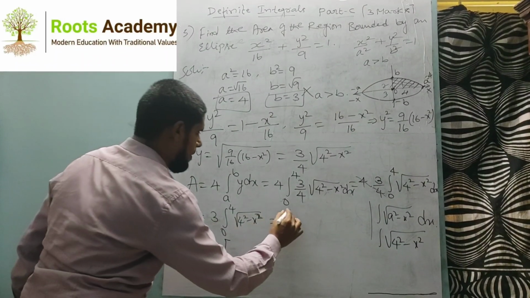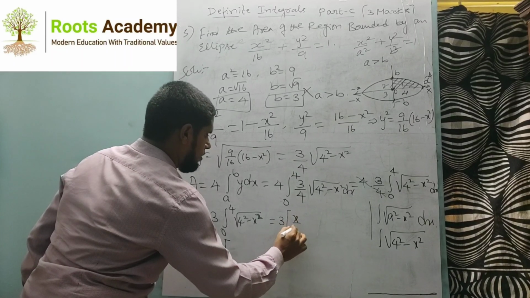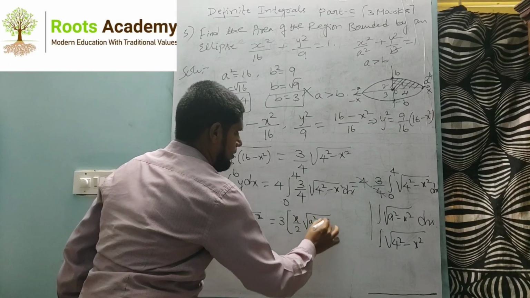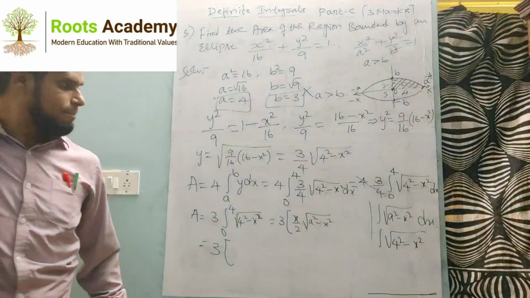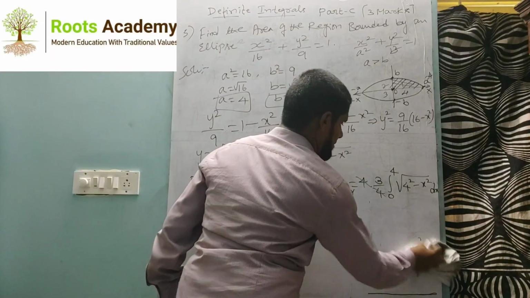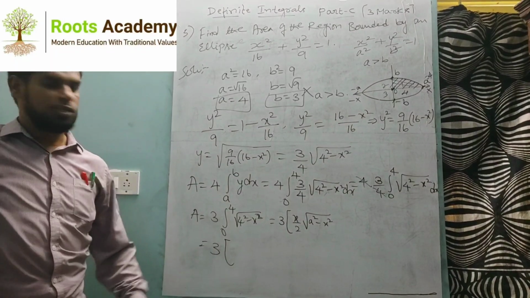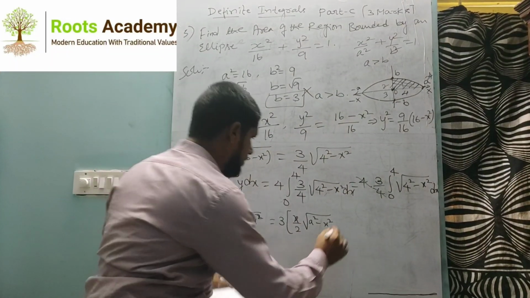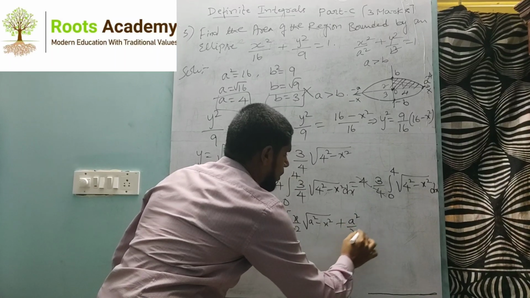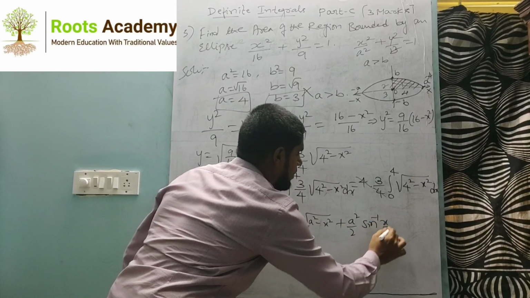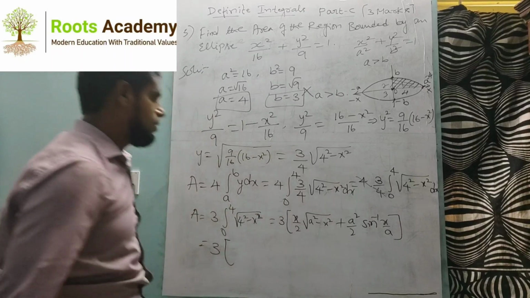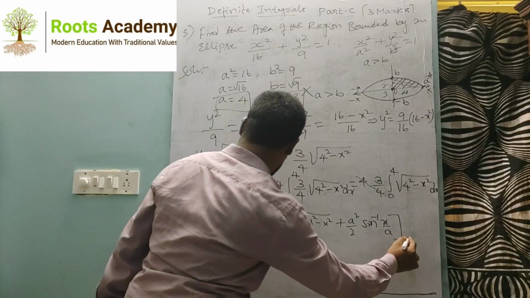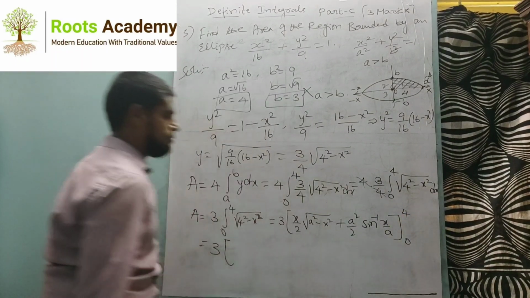Formula I will write here: 3 times x by 2 root of a square minus x square plus a square by 2 sine inverse x by a. Student, this is the formula. And here 0 to 4.